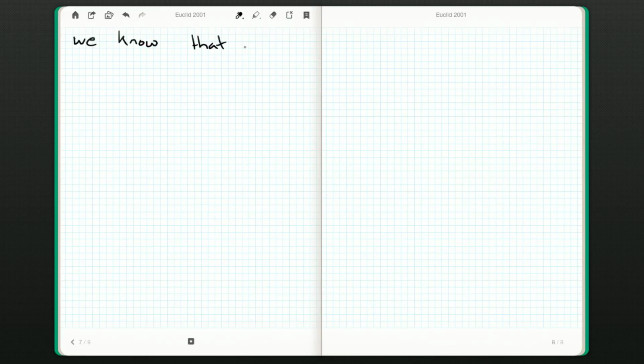So because those lines are parallel, we know that angle BAC is identical to angle PRQ. Okay. Why?